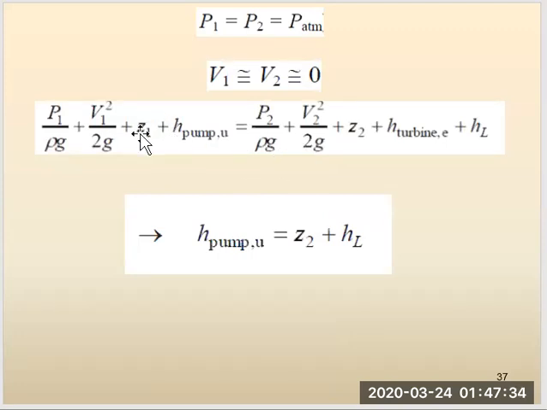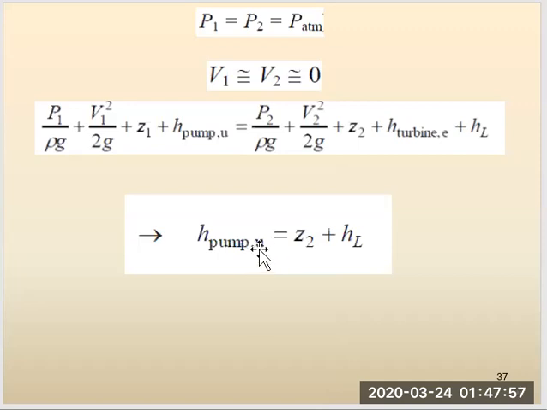Z1 is equal to 0 because this is where we assume the reference level. H turbine is 0, so the energy equation for the control volume between points 1 and 2 simplifies to this form. This is the simplified form of the energy equation between points 1 and 2.